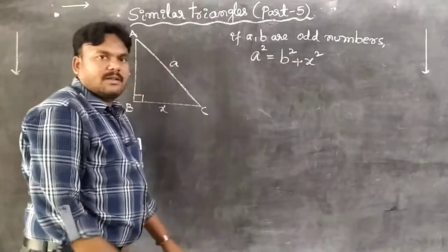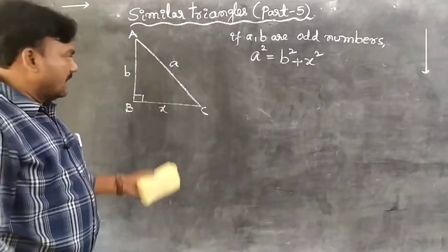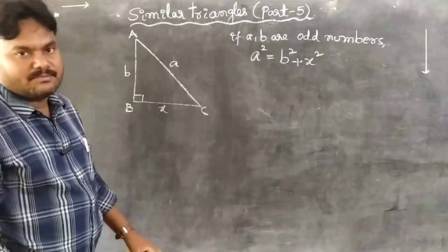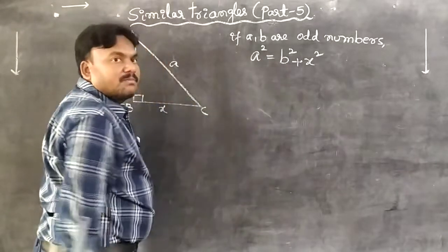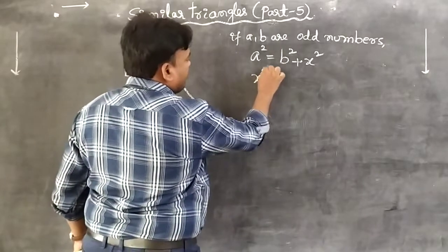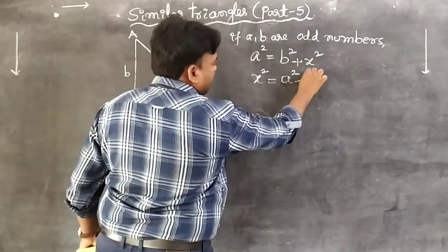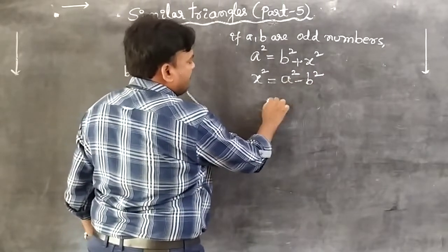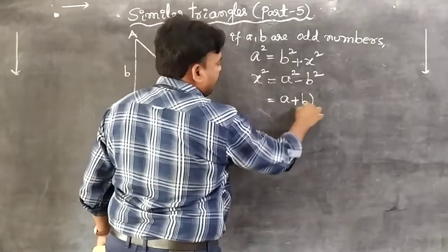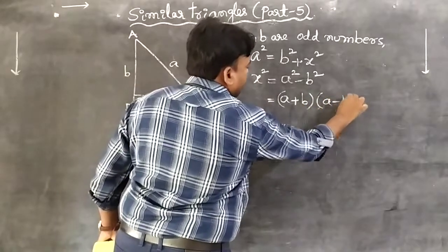We know very well the Pythagoras theorem statement. After completion of this, we will go for proving the theorem, students. Transfer B square to the left side, it becomes minus. That is X square equals A square minus B square. We know that A square minus B square formula is A plus B into A minus B.